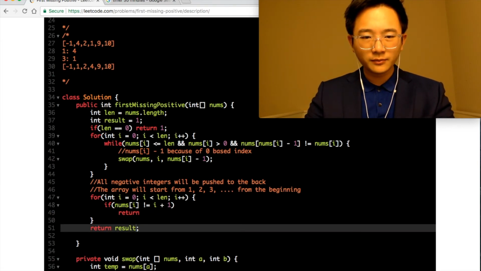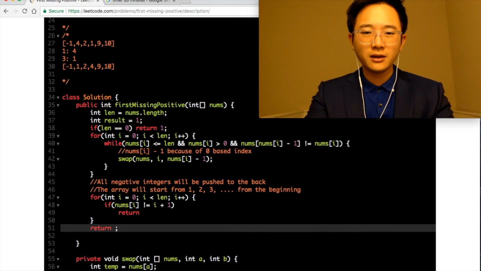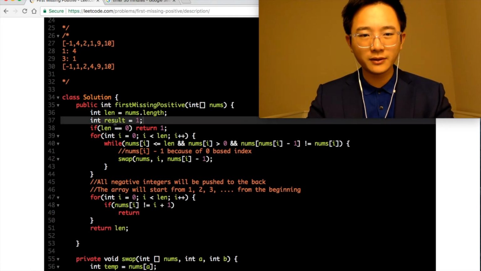Otherwise, which means we have reached the end, then we'll just return the length. So we don't need results.